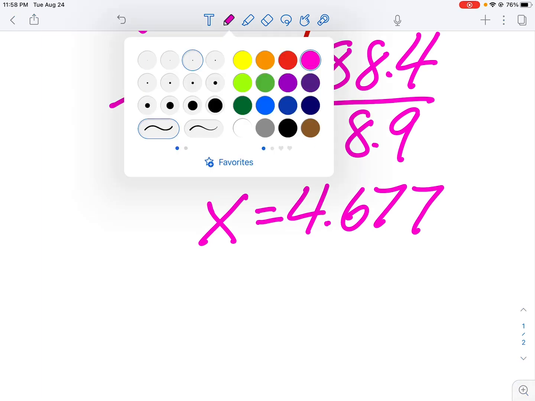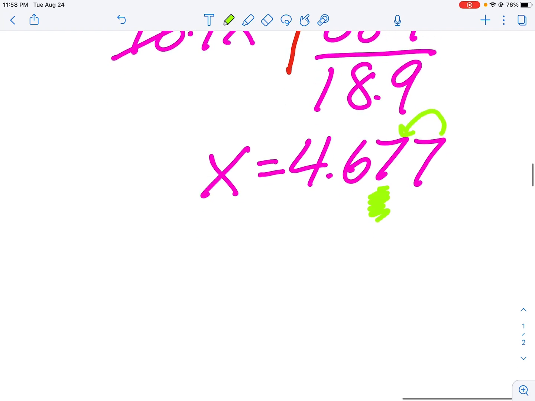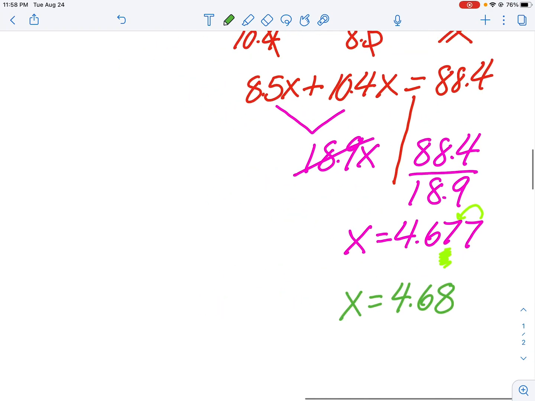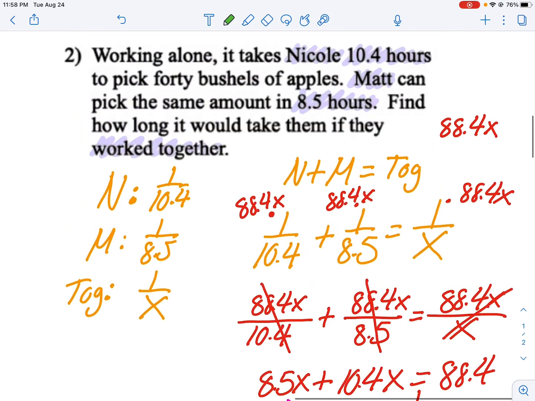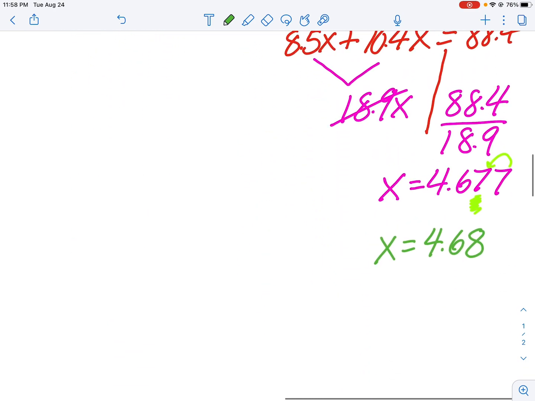We are rounding to the nearest hundredth place, which is the 7. So this 7 is going to tell the hundredth place what to do. And since it's 5 or bigger, that means that the 7 must go up to an 8. So we get 4.68. Look at that. 4.68 hours.